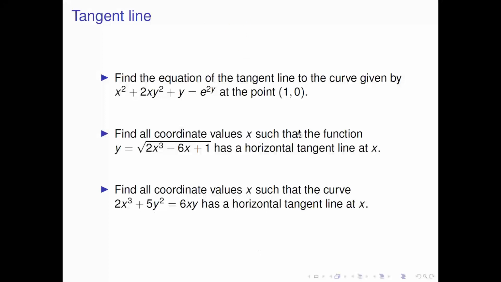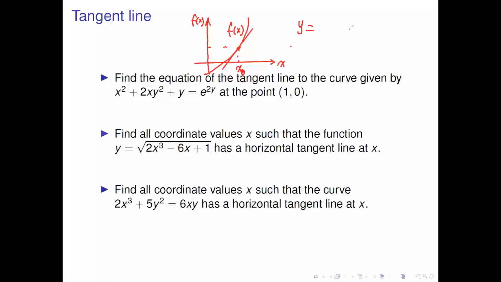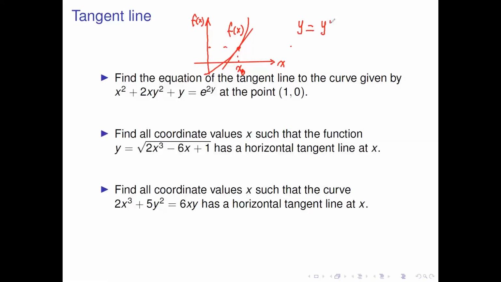Tangent line. Okay, we have a function, we have a curve, f(x). The tangent line passing through this point has the equation y equals f prime x0 times x plus some constant c to be determined.